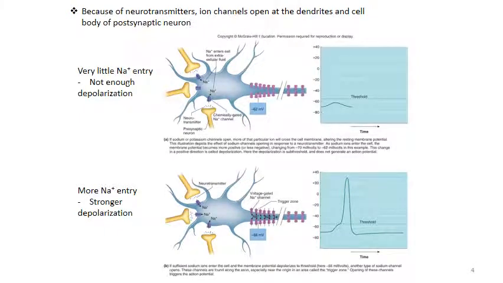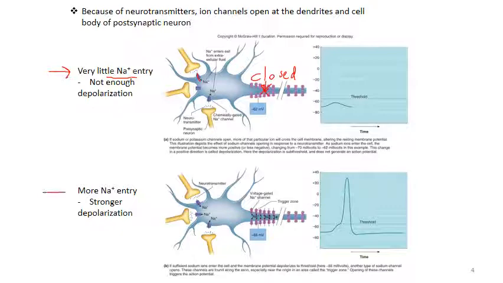So what this is showing is basically those ligand-gated ion channels opening. So in this top picture, very little sodium entry, not enough depolarization. So we're seeing that these voltage-gated channels remain closed, and so no action potential occurs.